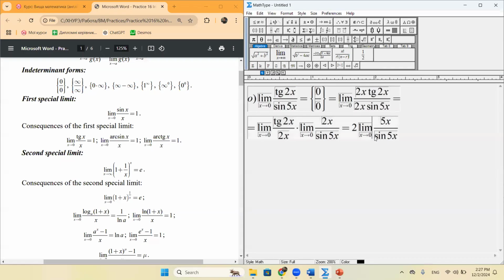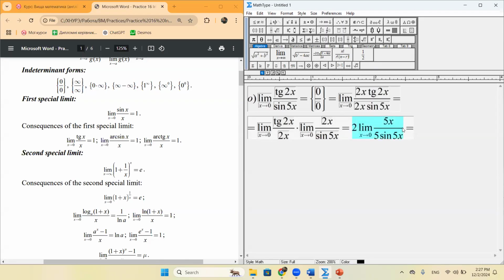And now let's multiply the numerator and the denominator by 5. We can see that the first special limit looks like that, that the sine is in the numerator and x in the denominator, but if we turn over the fraction, nothing changes. I guess that you agree.